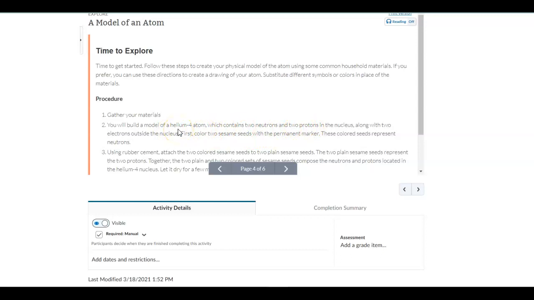Because if you look at a periodic table, helium is element number 2. So 2 protons is what is defining helium as helium. If we take it away and we only have 1 proton, now we're talking about hydrogen. So every time you add a proton, you are changing the element. So that's how you would answer number 3.